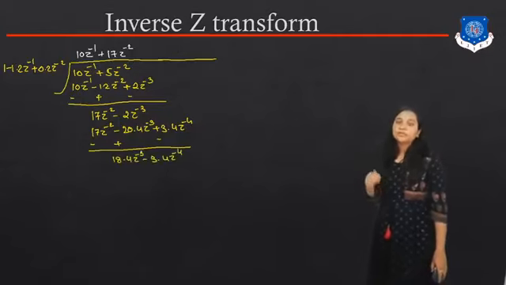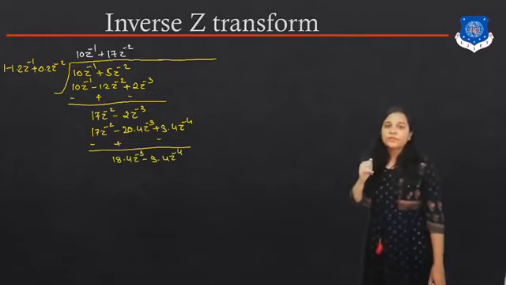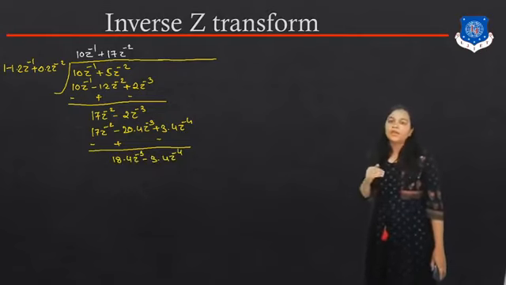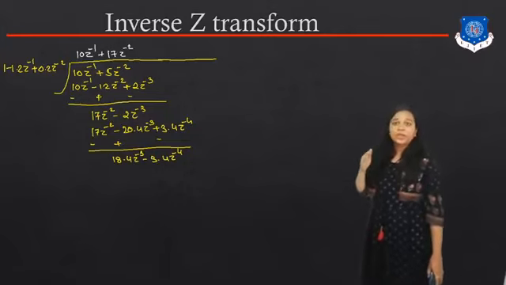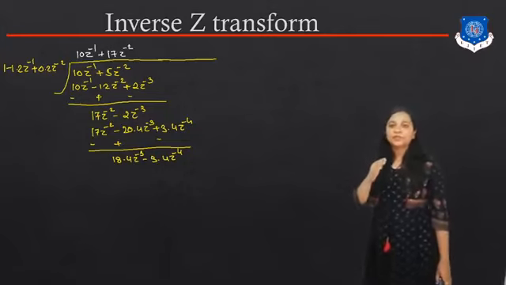The 17 z to the minus 2 terms cancel out, and we get 20.4 z to the minus 3.